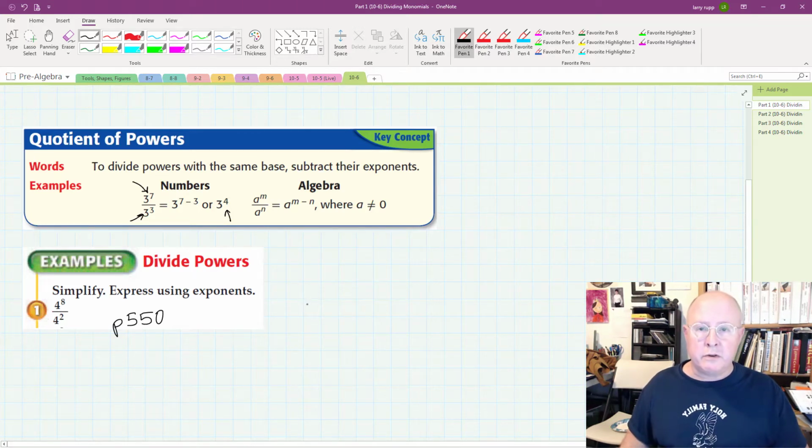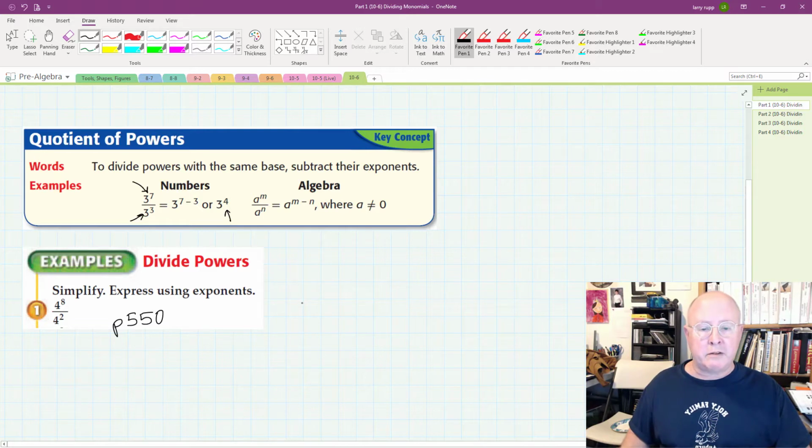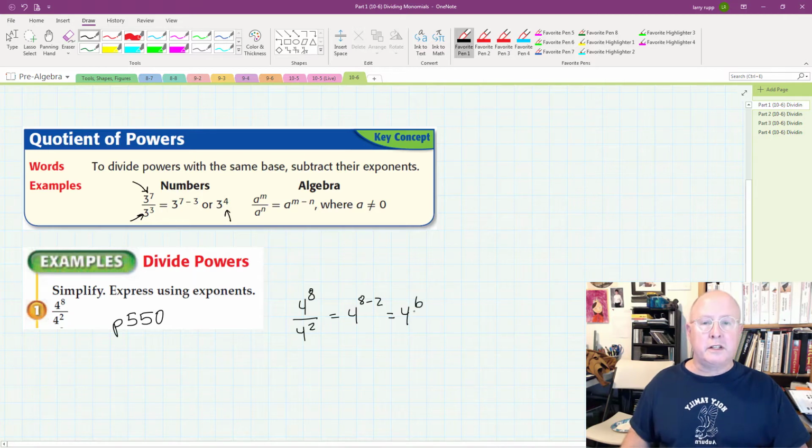I'm not going to write out 4 8 times on the top and 4 2 times on the bottom. We've learned our quotient of powers, and we're going to use it. So 4 to the 8th on top, divided by 4 to the 2nd power on the bottom, gives us 4 to the top minus bottom, which is 4 to the 6th.